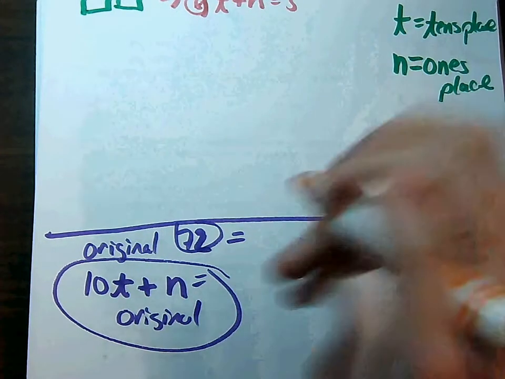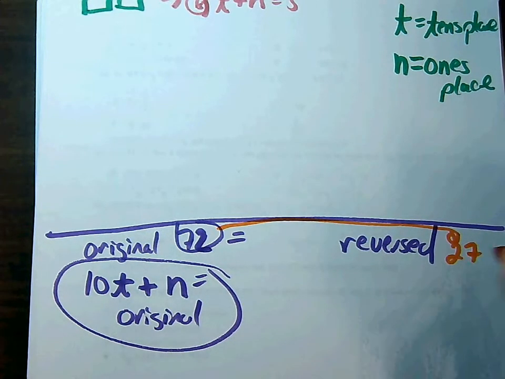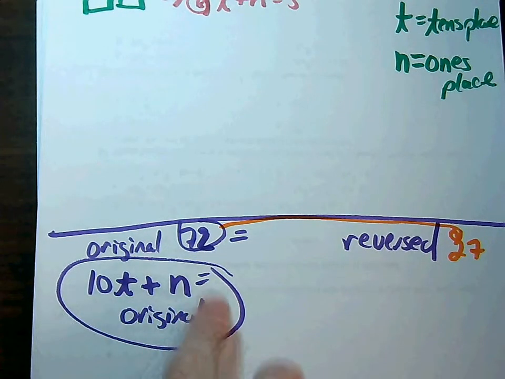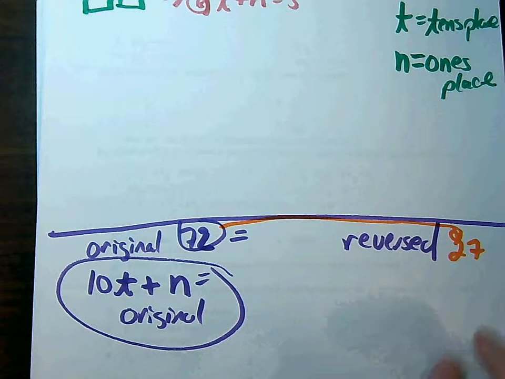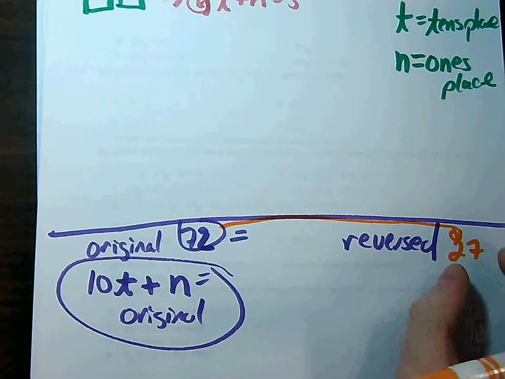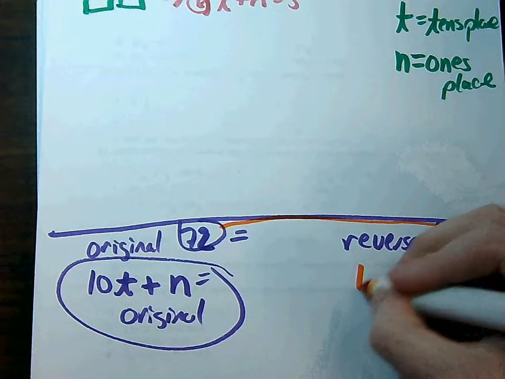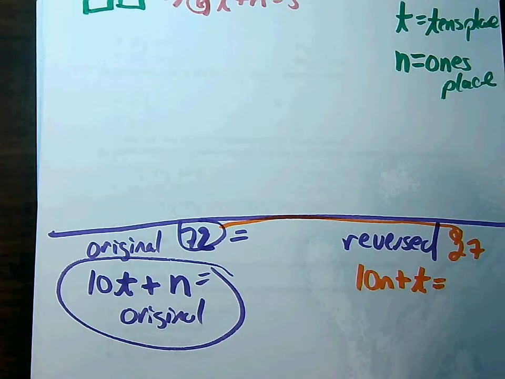Looking at this made-up example of 72, the reversed number would be 27. If I did 10t plus n again, I'm still going to get 72. So if I'm reversing it, algebraically, what am I doing? I'm multiplying the ones place by 10, not the tens place. See how I put a real number here so I made sure it worked?